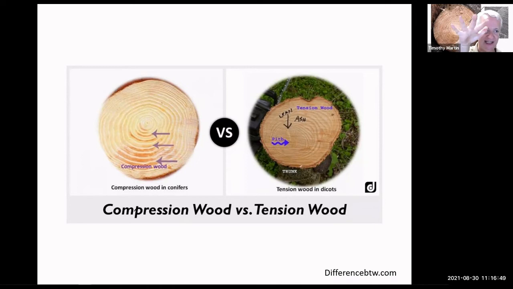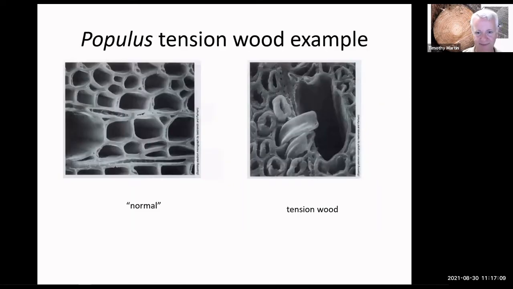It's because that tension wood is providing a lot of the mechanical support for that large horizontal branch. When you make that undercut with the chainsaw, it's less likely to collapse because that tension wood is what's holding the branch up. Great practical example of the action of tension wood in angiosperms.